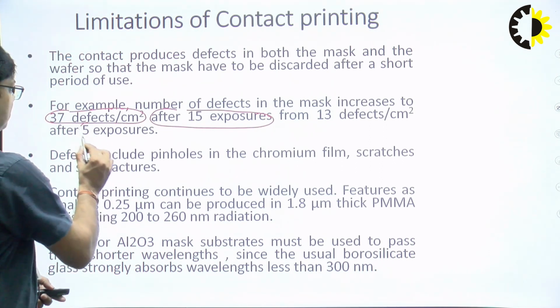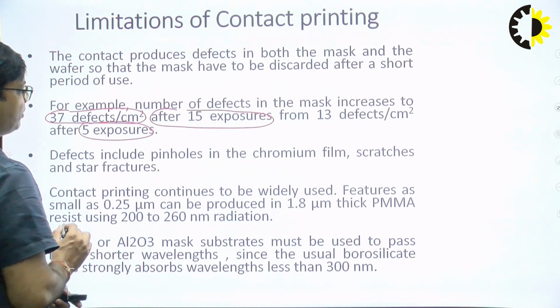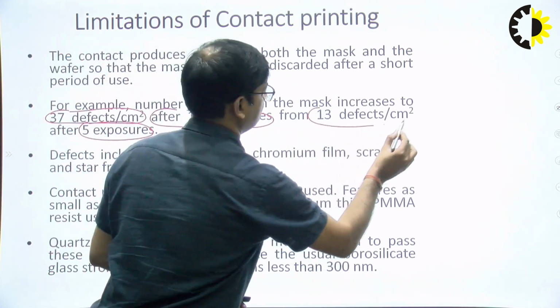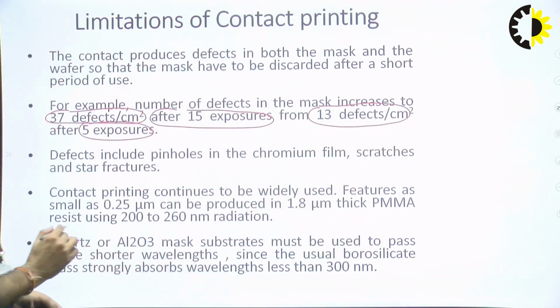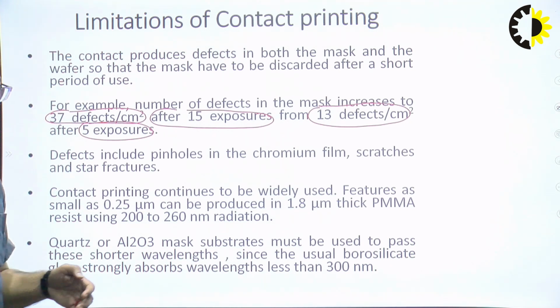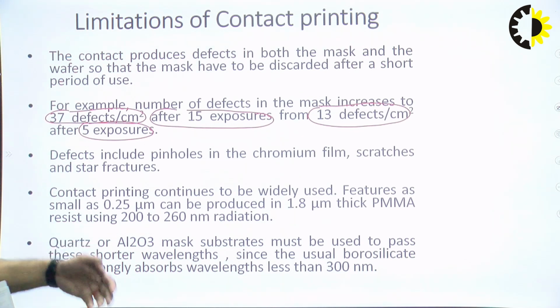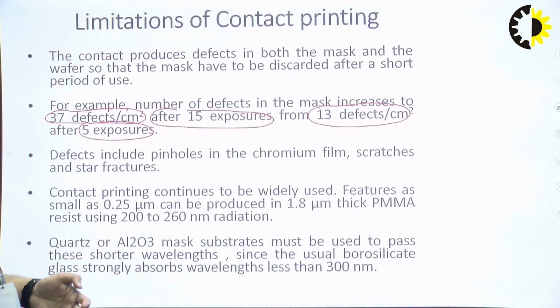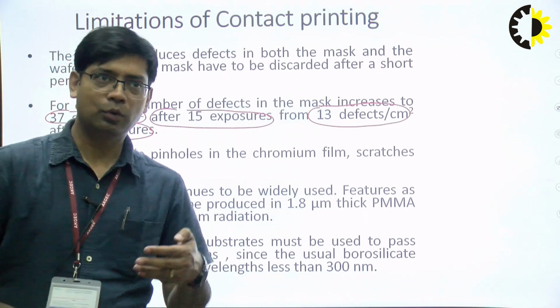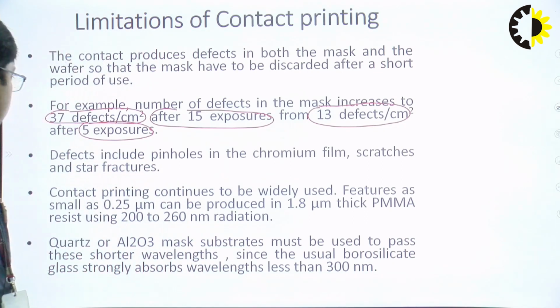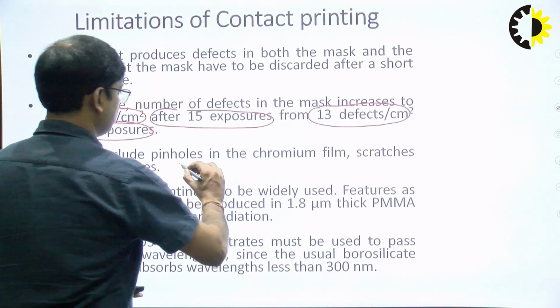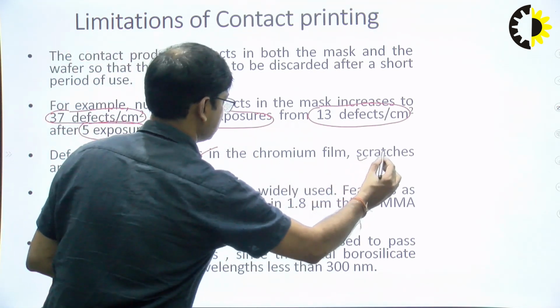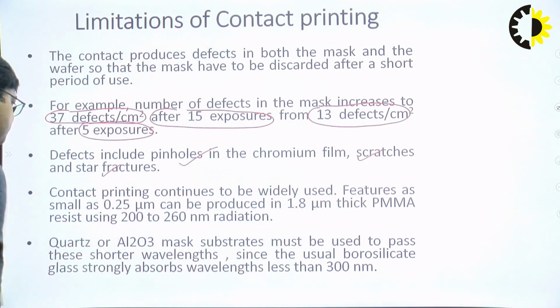Because they are in touch with each other, defects develop and we cannot reuse the mask again and again. So it adds to the cost of the system. The defects include pinholes in the chromium film, scratches and star fractures.